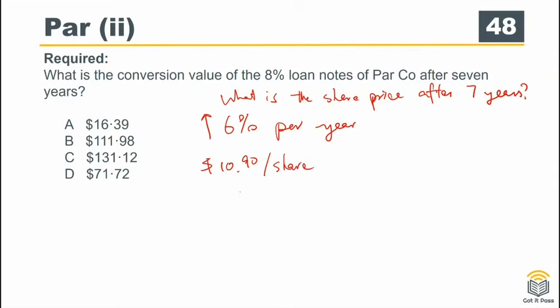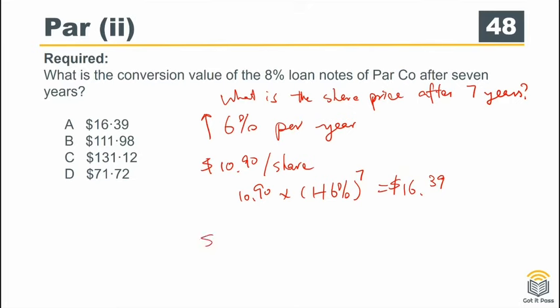So $10.90 times the annual growth rate of 6% compounded over 7 years, so the exponential is to the power of 7. Then you get $16.39 per share, and one loan note of $100 can convert into 8 shares.